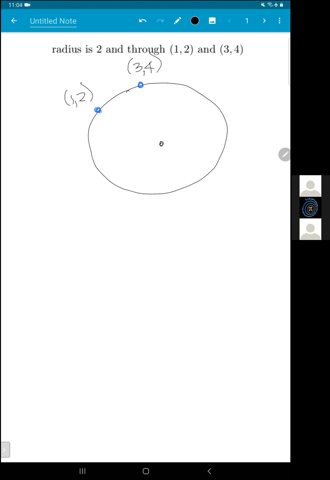Moreover, its radius is given to be 2. So that means the distance between the center of the circle and any point on the circle is always 2. That's the definition of the radius.